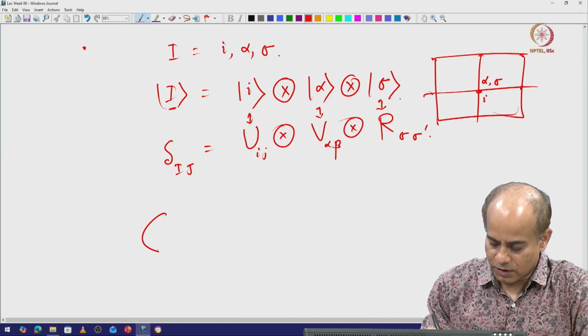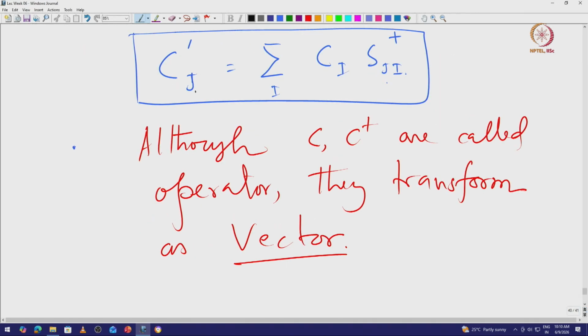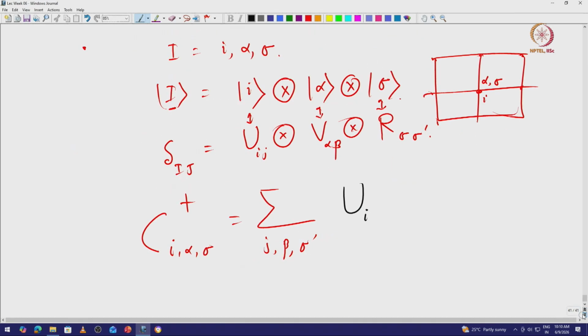So, writing it explicitly, j beta sigma prime. I change the index now from j to I and I to j.